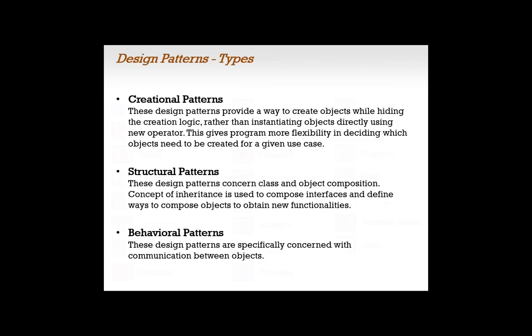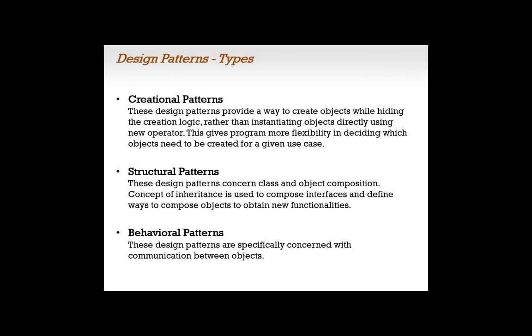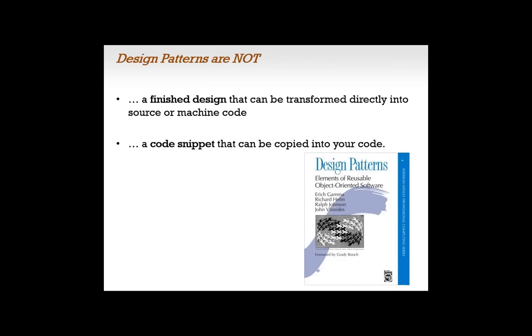This is not a static set of design patterns. This is just the starting point, the 23 Gang of Four design patterns. And design patterns evolved over the years. First of all, we have seen what design patterns are, but we should also mention what design patterns are not.